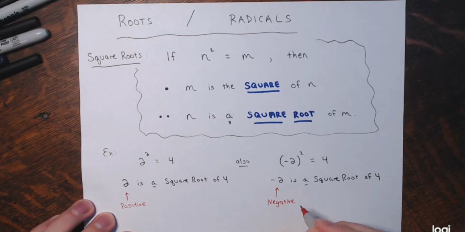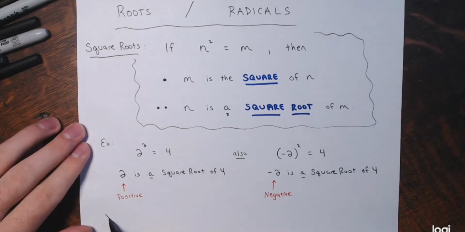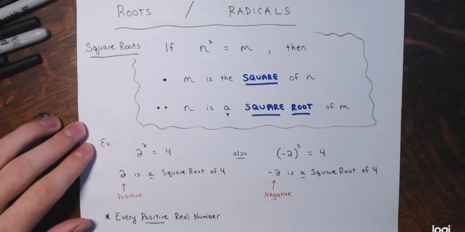All right, and this is going to happen in general for any positive real number. So I'll make that statement down here. Every positive number, every positive real number, again, positive real number, has 2 square roots.